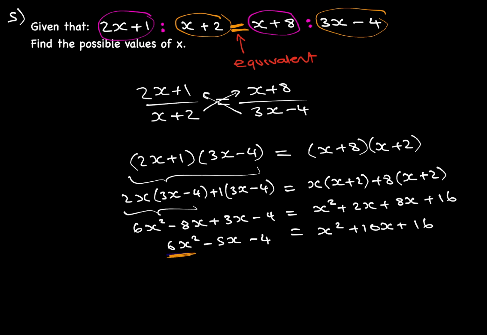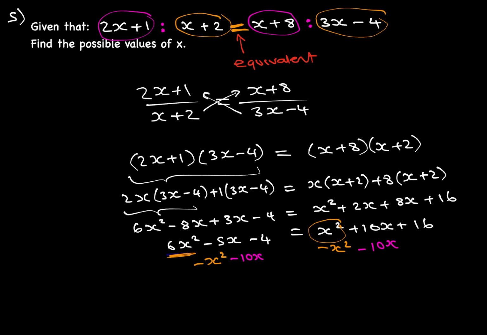Because this 6x squared is positive, if I bring the x squared over, it's going to remain positive. So I'm just going to subtract x squared from both sides. Then I'm going to subtract 10x from both sides.